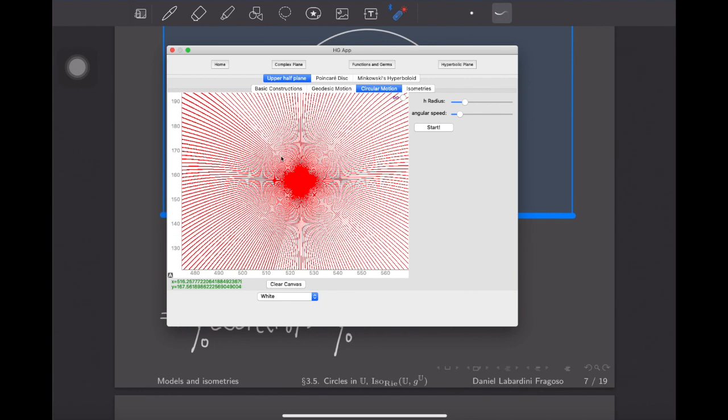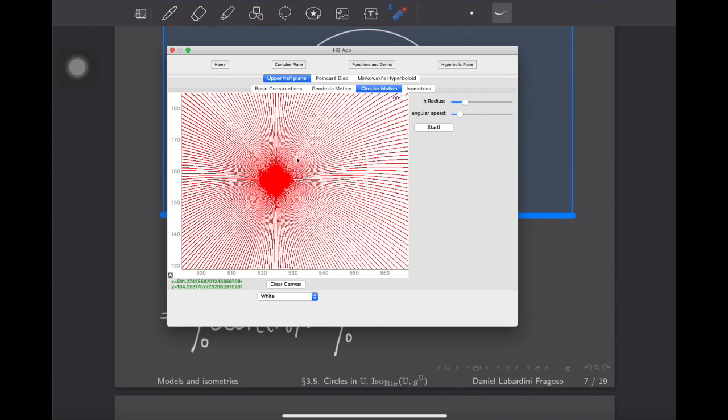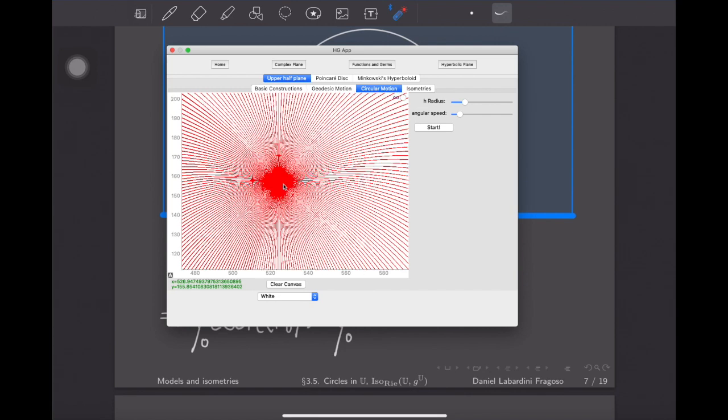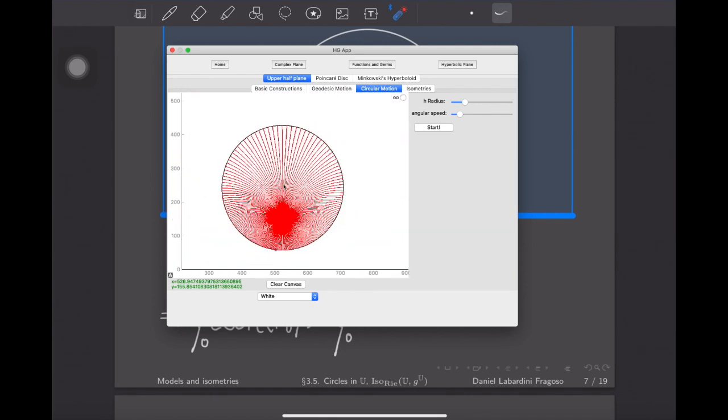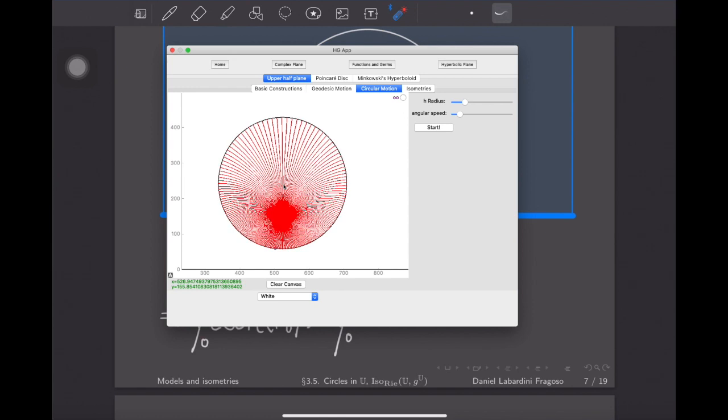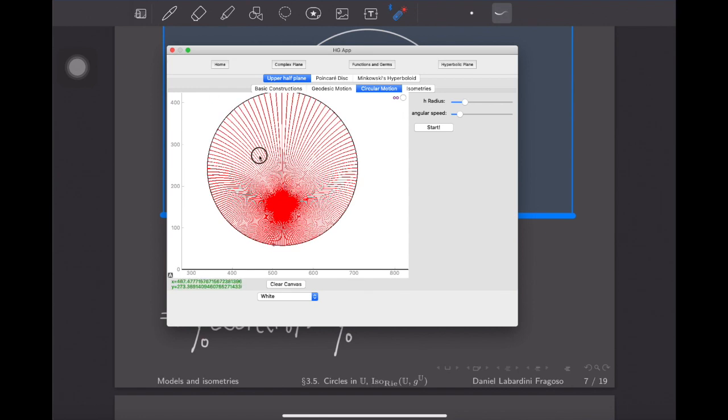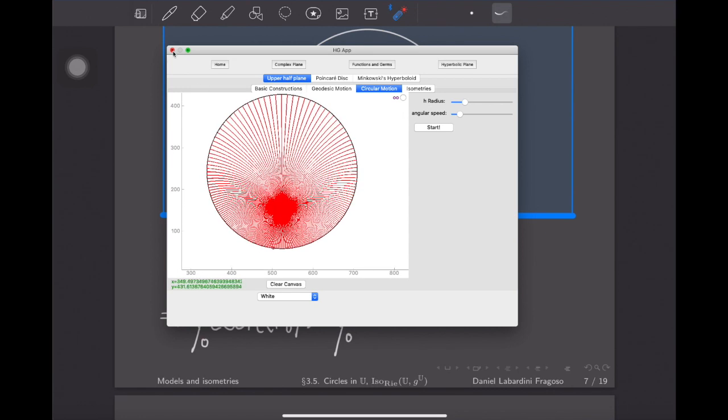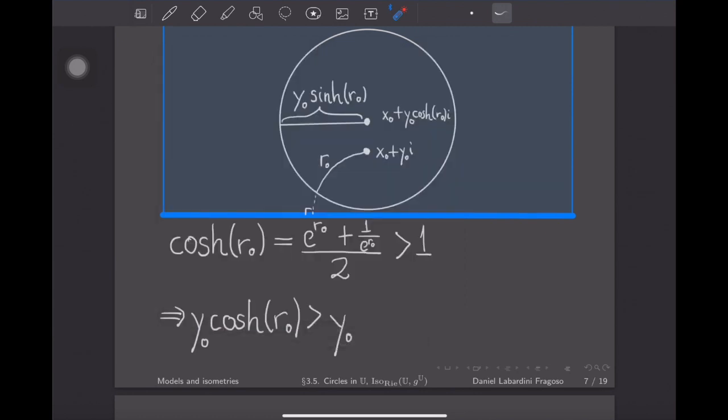So this gets maybe a bit too blurry, but the angles are always the same. That's the point. Okay. So let's keep going.